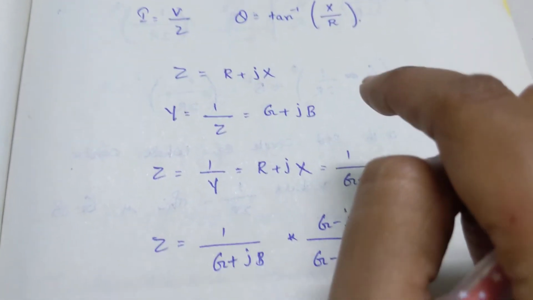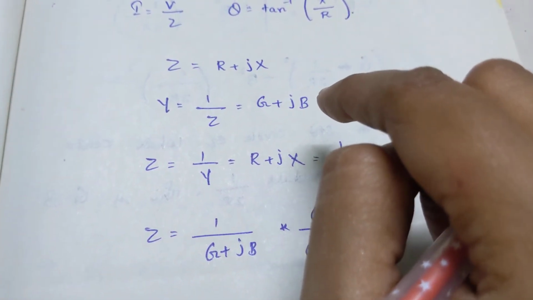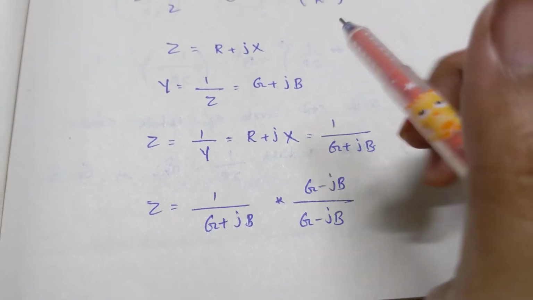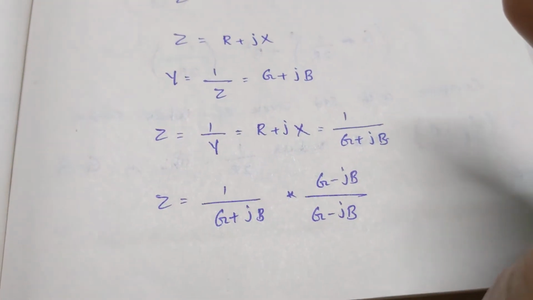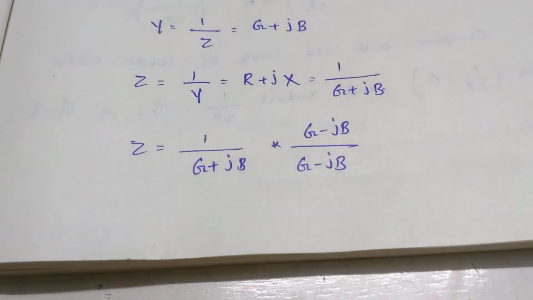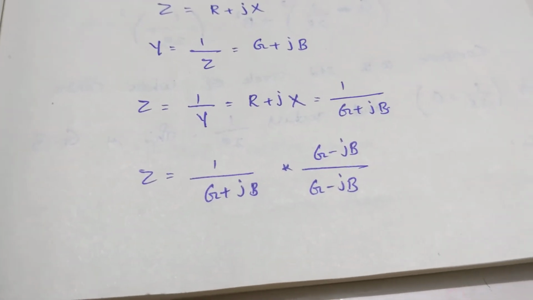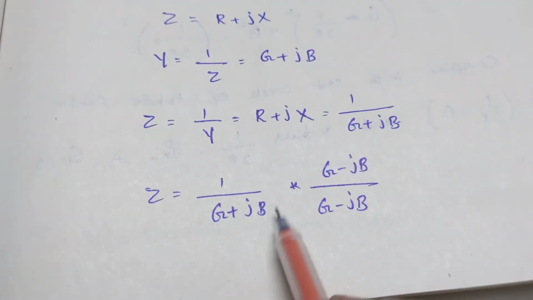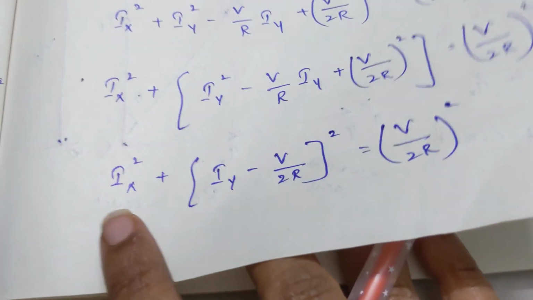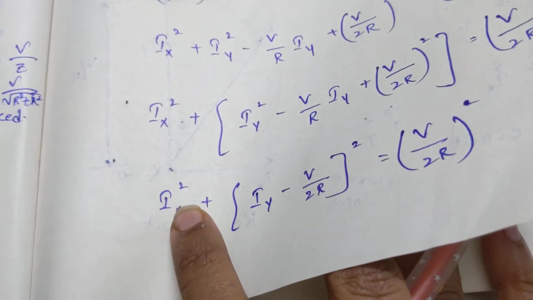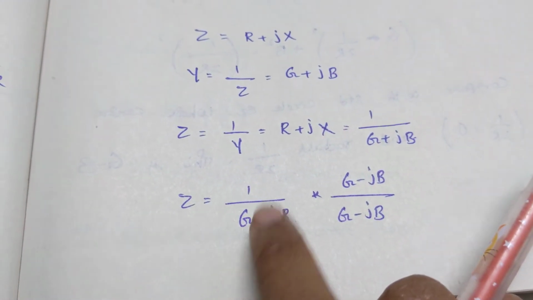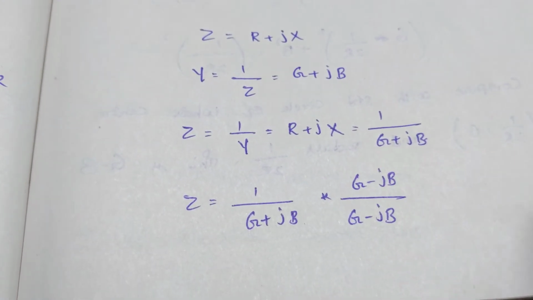Actually, we don't know the conductance and susceptance, but from the impedance we can find the admittance as well as the conductance and susceptance. Here we are drawing for the axes of conductance and susceptance. Previously we drew the phasor locus diagram with respect to the current phasors; now we are drawing for the conductance and susceptance phasors.